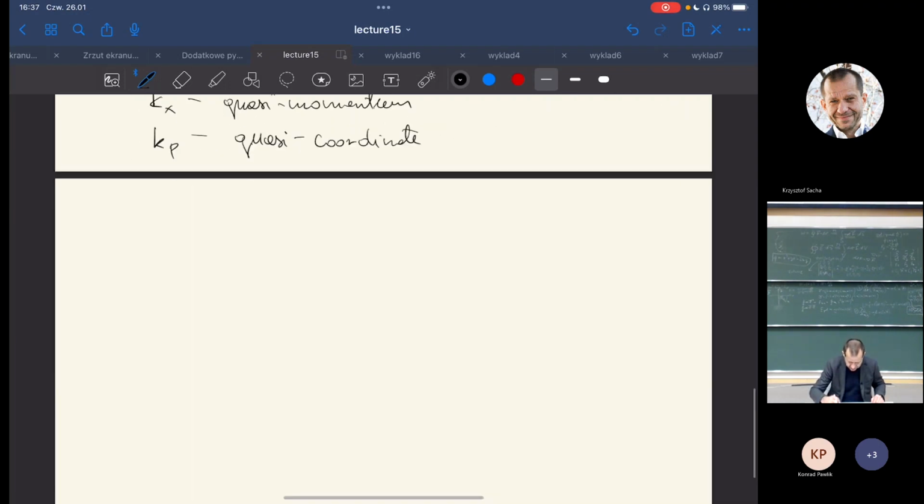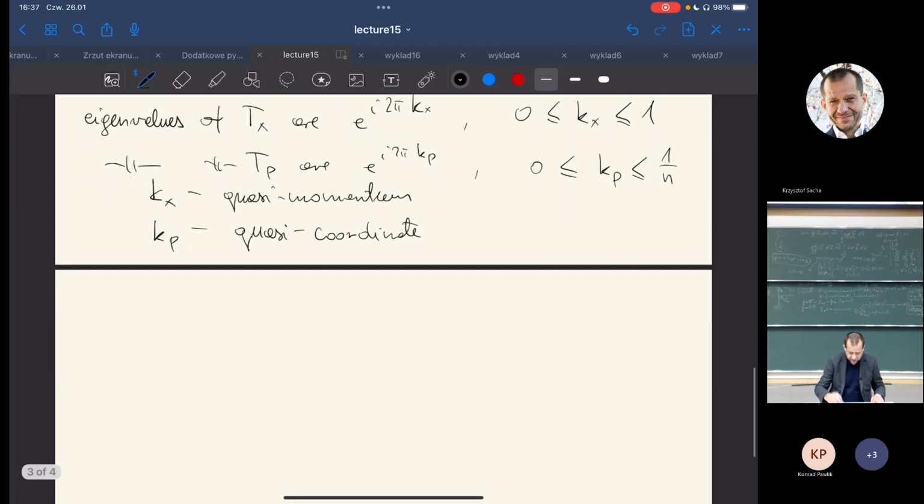So what we can do now is apply the Bloch theorem and look for the eigenvalues of the effective Hamiltonian corresponding to different quasi-momenta, spanned by Kx and Kp. There are corresponding eigenvalues; this is a band index.